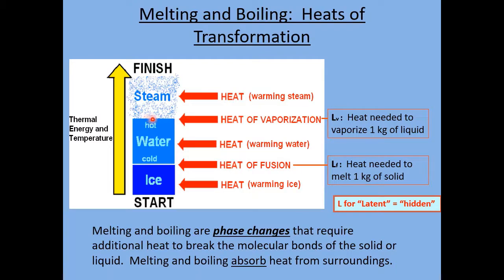And by the way, on the Celsius scale, this is 100 degrees Celsius. On the Fahrenheit scale, it's 212 degrees Fahrenheit. But again, this heat that we're adding here to boil the water does not raise the temperature of the water. It's just changing the phase from liquid to gas. And then once we've created steam or water vapor here, any additional heat we add will heat up and increase the temperature of the steam.